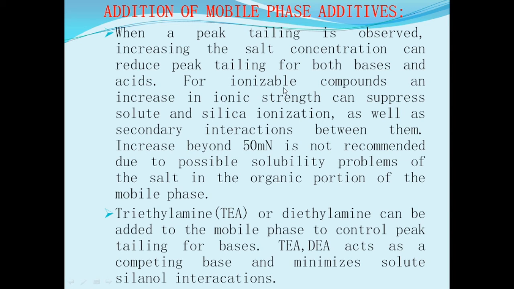For ionizable compounds, an increase in ionic strength can suppress solute and silica ionization, as well as secondary interaction between them. Increase beyond 50 millimolar is not recommended due to possible solubility problems of the salt in the organic portion of the mobile phase.